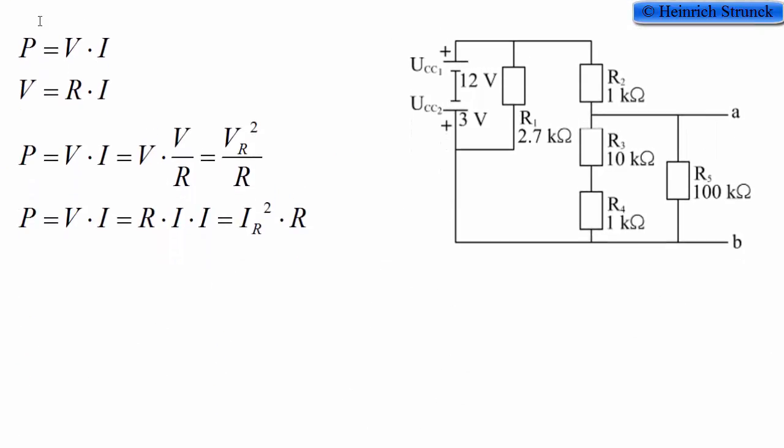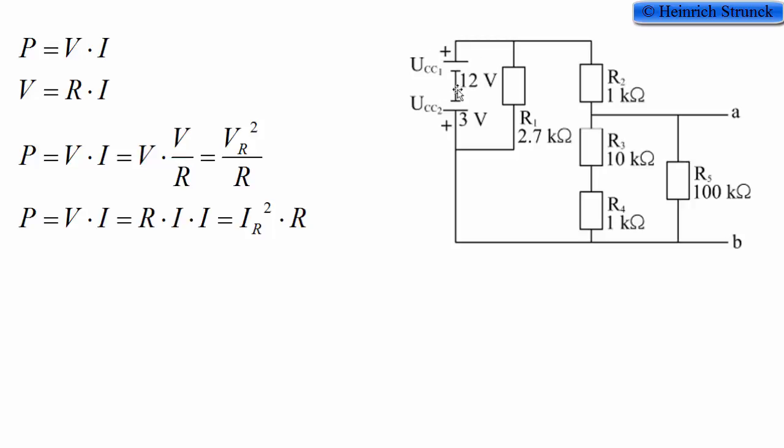In electrical engineering, we know that power is equal to the voltage times the current. And we also have Ohm's law, that the voltage is equal to the resistance times the current. We can combine these two formulas and get new formulas. So over here, for example, the power is equal to the voltage times the current.